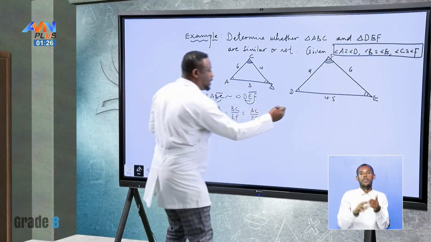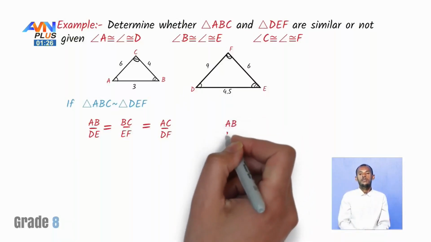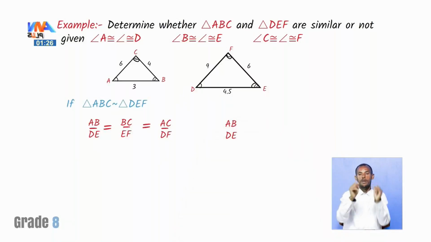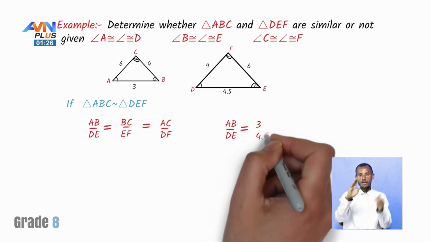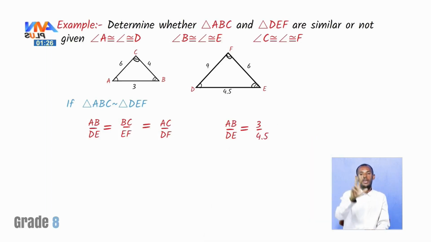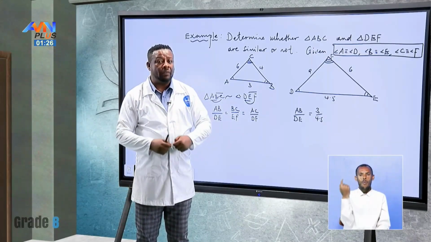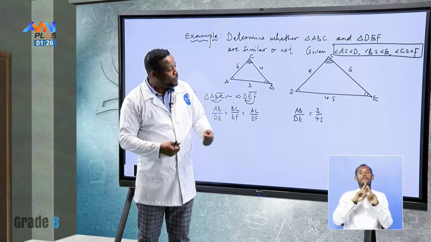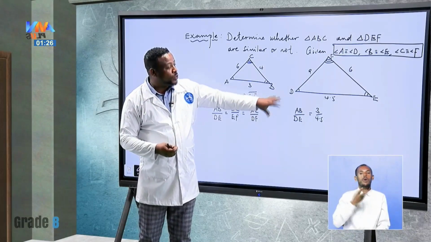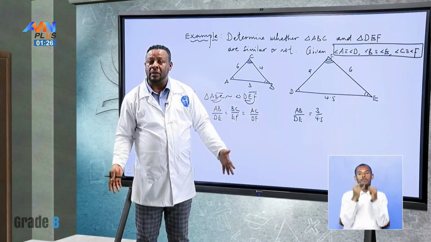What's AB over DE? Okay, AB is given as 3 and DE is 4.5. It will always be very good if we are able to simplify the given numbers.